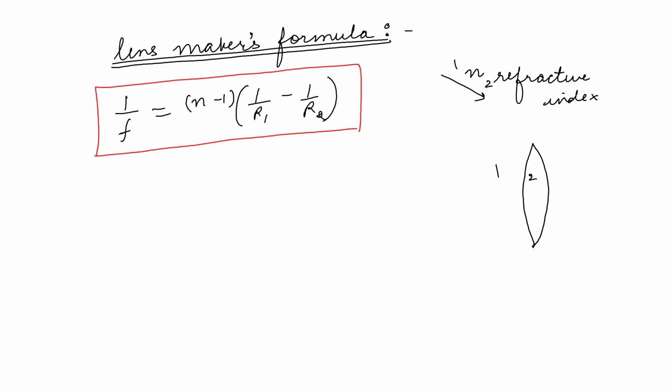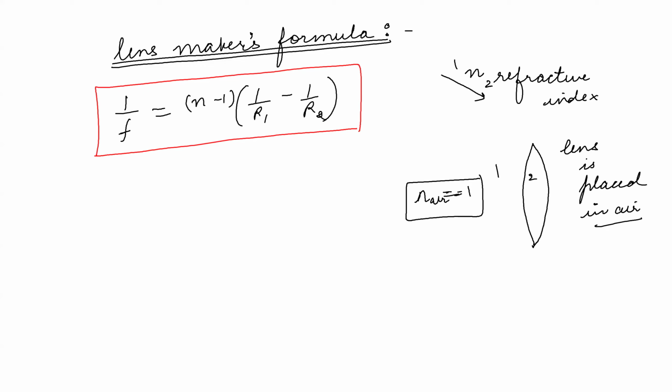Sometimes the lens is placed in air. So obviously, the refractive index of air is always considered to be 1. Sometimes the lens is placed in water. The refractive index of water is 1.33.